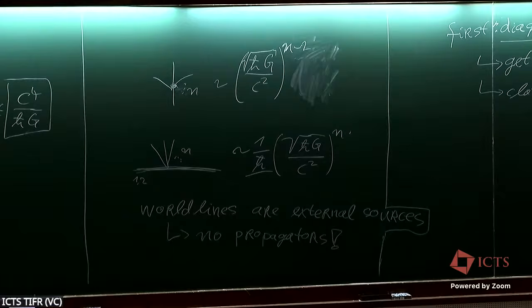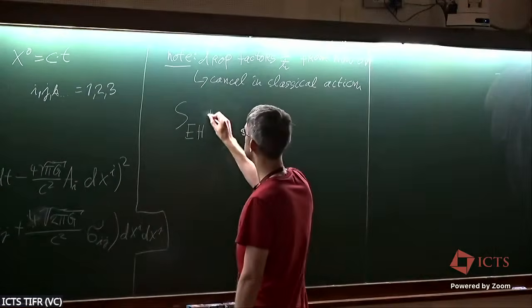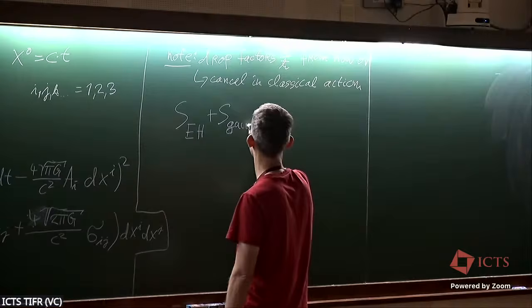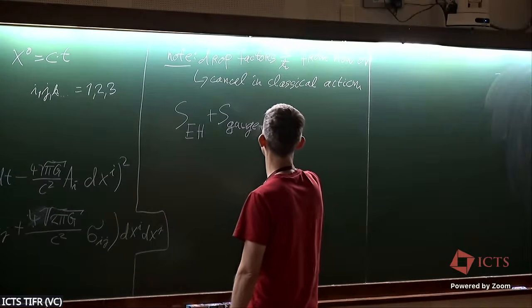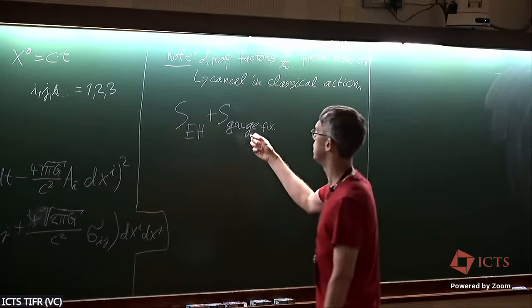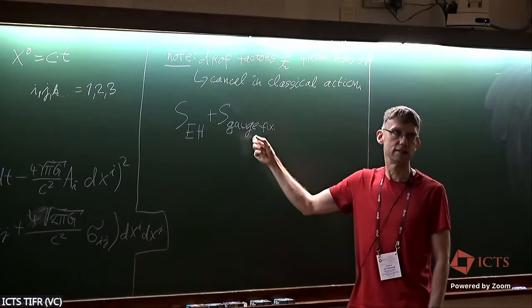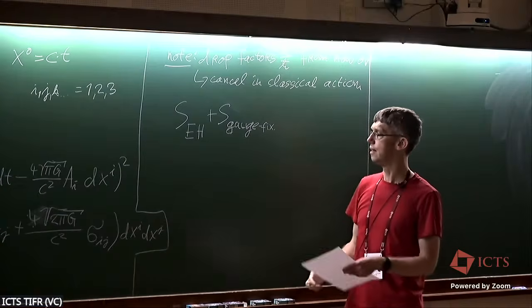Okay. So let me then show you how this decomposition looks when you insert it into the Einstein-Hilbert action. And we also have to use a gauge fixing. So here, we basically use a Lorentz gauge, or well, the standard gauge, let's say.